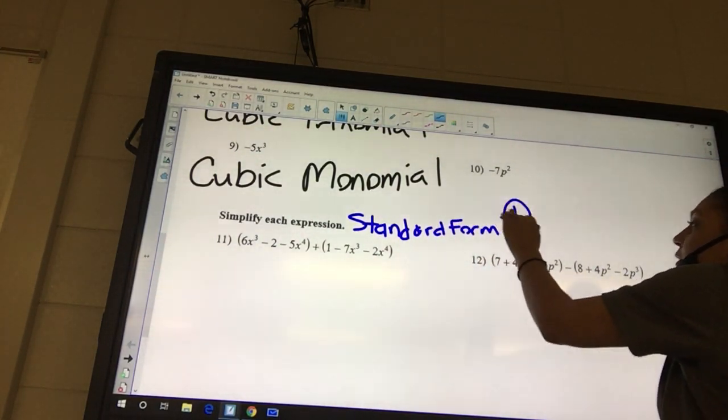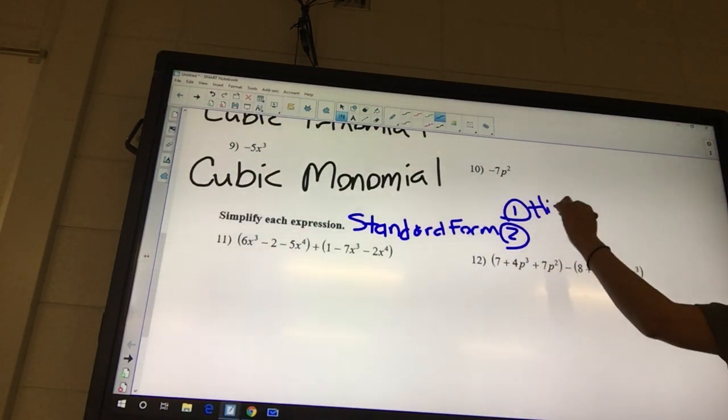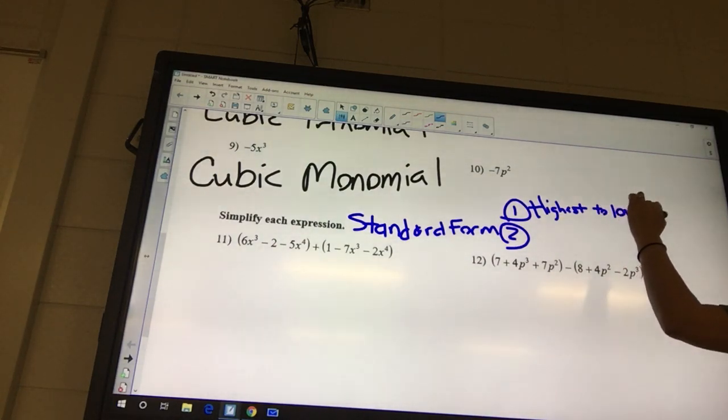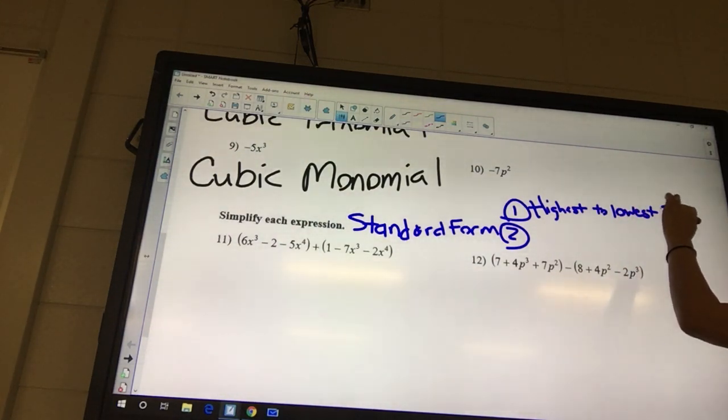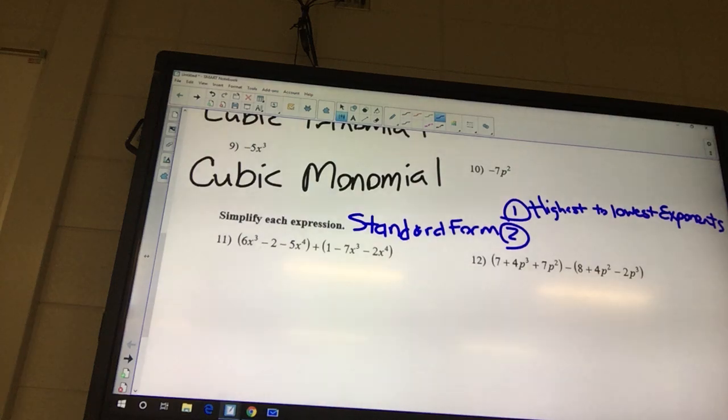What is one of the requirements of standard form? Greatest to least, I'll accept that. So highest to lowest exponents. And what's the other one? ABC order.